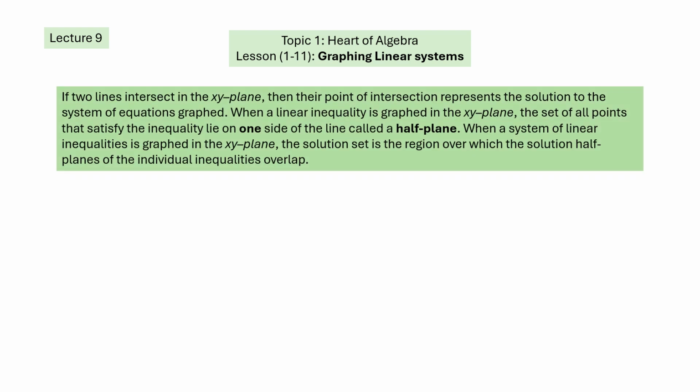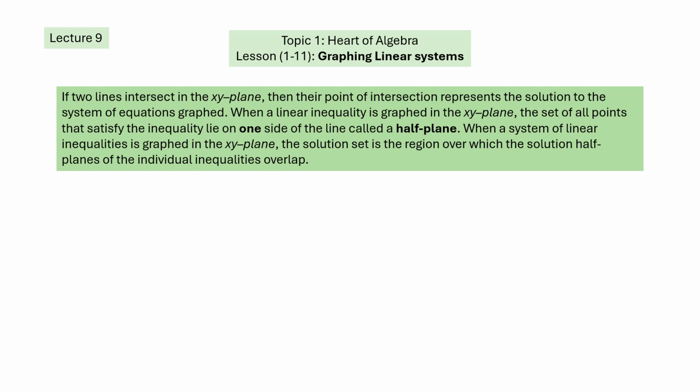Graphing linear systems. If two linear lines intersect in the xy plane, then their point of intersection represents the solution to the system of the equation graphed. When a linear inequality is graphed in the xy plane, the set of all points that satisfy the inequality lie on one side of the line, called a half plane.